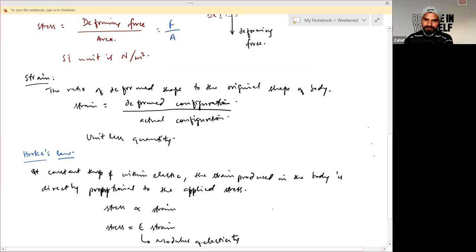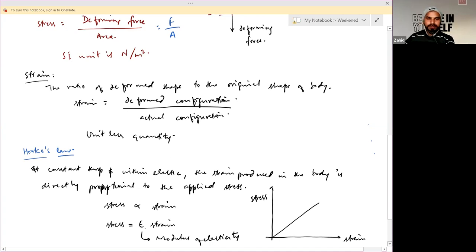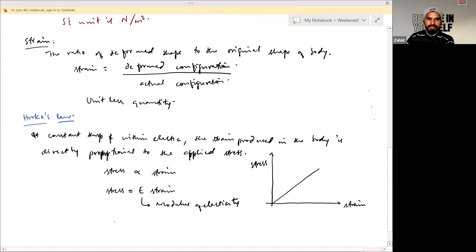If you draw a curve of stress and strain, with stress along the vertical axis and strain along the horizontal axis, since they are directly proportional, there will be a straight line between them. Rearranging, E equals stress divided by strain, which is the ratio of perpendicular and base, so it defines the slope.